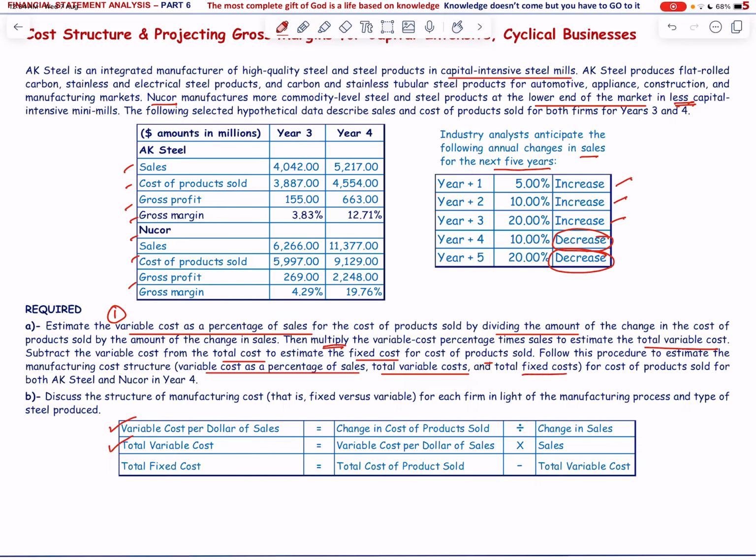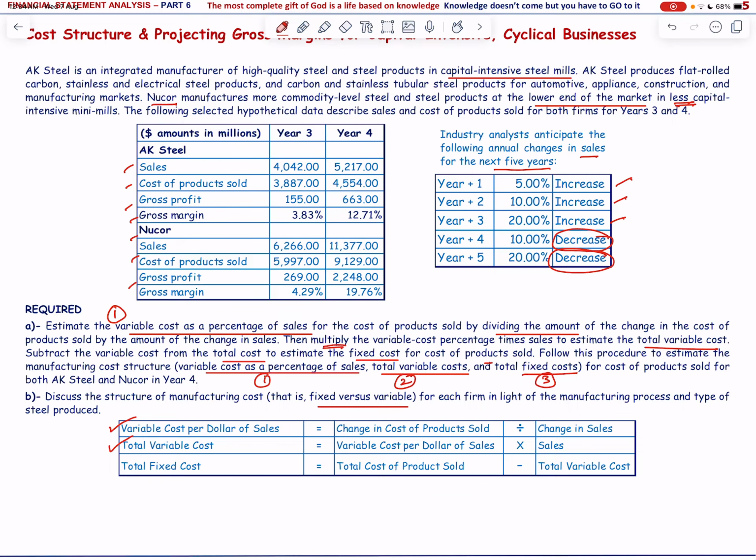So we have to make 3 calculations for cost of products sold for both AK Steel and Nucor in year number 4. Now discuss the structure of manufacturing cost, that is fixed versus variable. This is an interesting analysis. We will talk about it for each firm in light of the manufacturing process and type of steel produced.